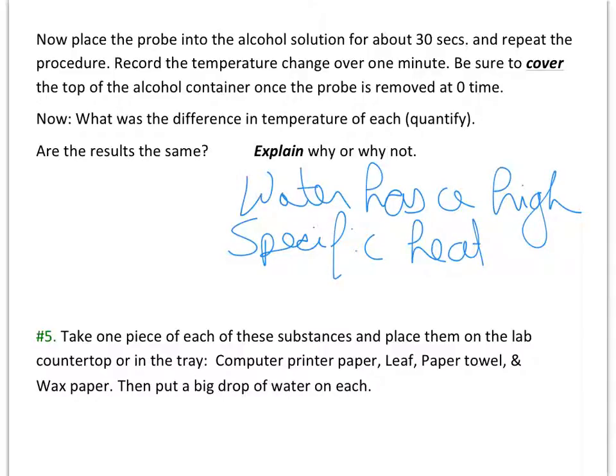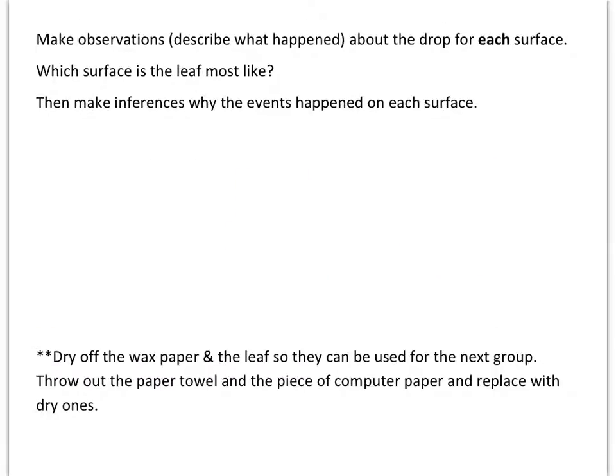Okay, so next one is where you put the water onto the different surfaces: paper, leaf, paper towel, and wax paper. Hopefully you saw that the leaf was most like the wax paper.